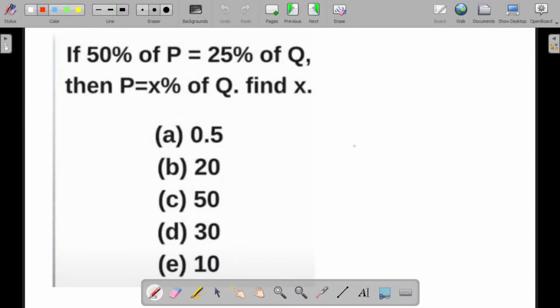Okay, next, do it fast. Very simple problems on the percentage.